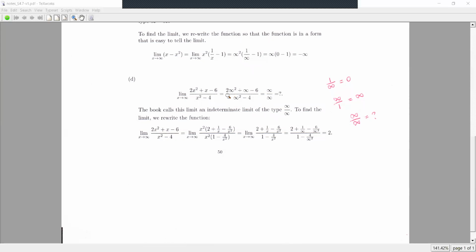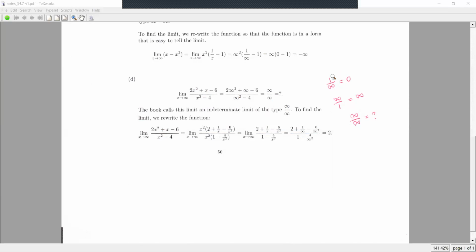In the numerator, 2 times infinity squared plus infinity minus 6 should be infinity. That means that when x approaches infinity, the denominator approaches infinity and the numerator approaches infinity. Now direct substitution leads to infinity over infinity. What is infinity over infinity? I cannot tell.